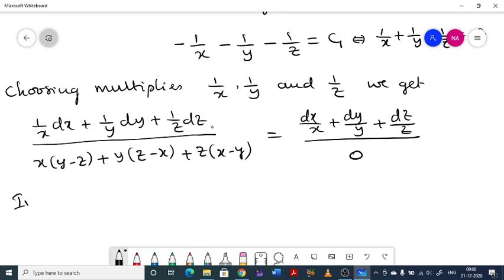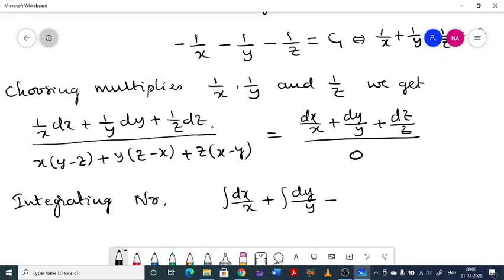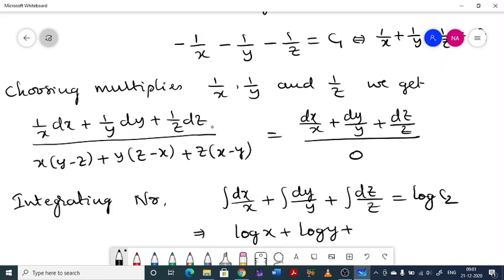So integrating numerator, I'll get integral dx by x plus integral dy by y plus integral dz by z equal to constant log c2. So that implies log x plus log y plus log z equal to log c2.